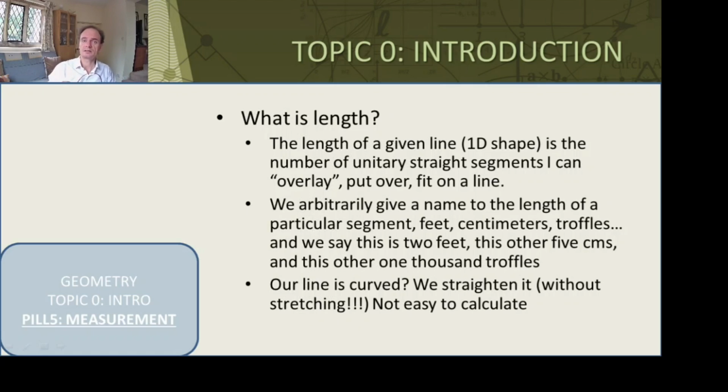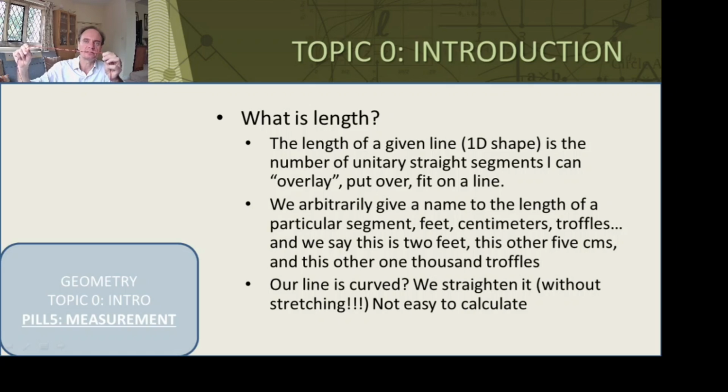What's length? Length is the number of unitary segments. Now we will see what a unitary segment is. It is the number of unitary segments I can fit, overlay, put one after the other in a given line. For instance, if we have this one, you say, okay, it's difficult to fit those unitary straight segments here. No problem. We just straighten it without stretching.